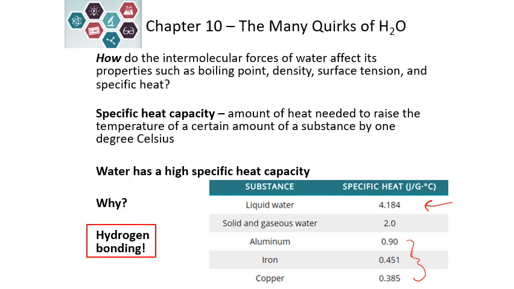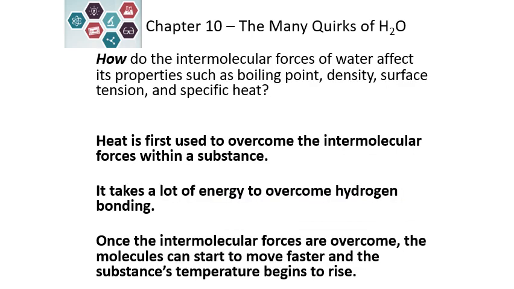The reason that water has such a high specific heat is because of hydrogen bonding, because it takes more energy to overcome those intermolecular forces. So we have to add more energy into the substance because our intermolecular forces are stronger.